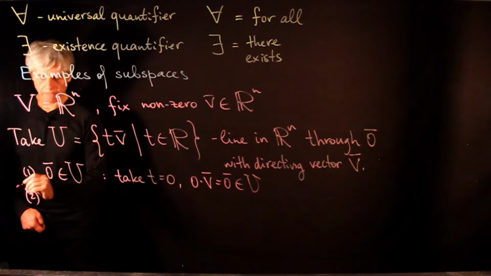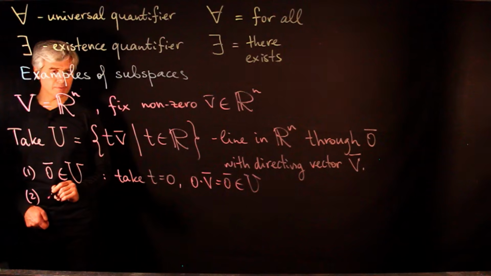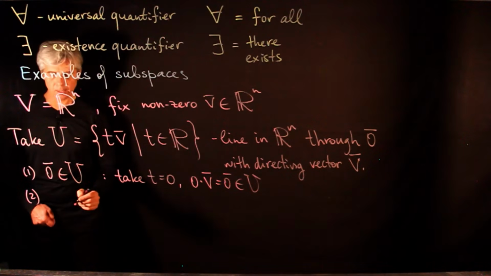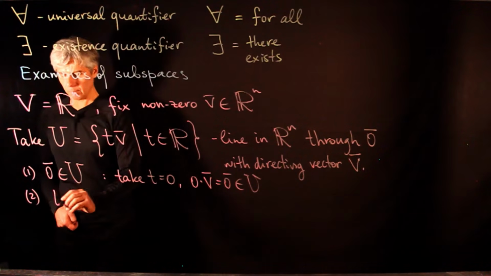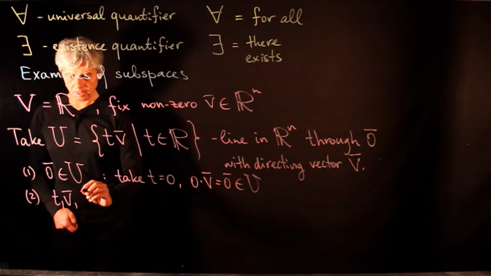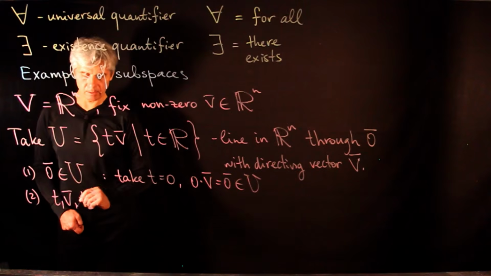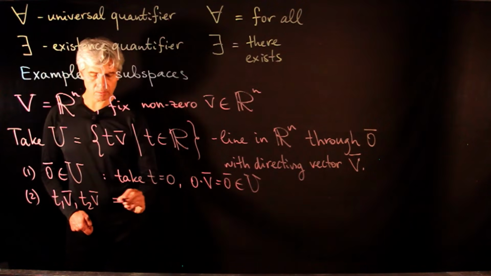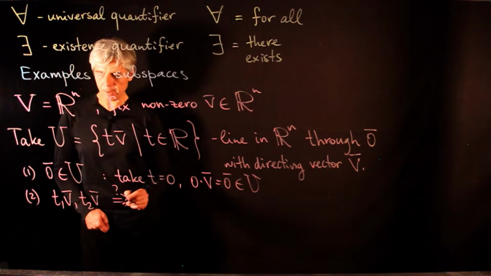Two. If we have two vectors in this subset, then they will be written as t1 v and t2 v. Then we need to see their sum.